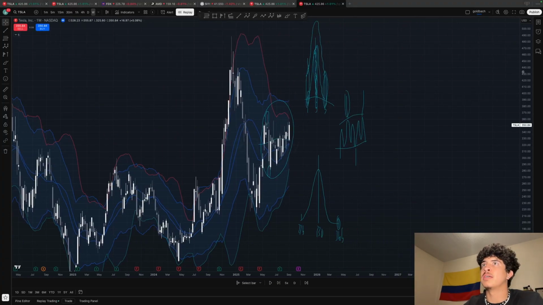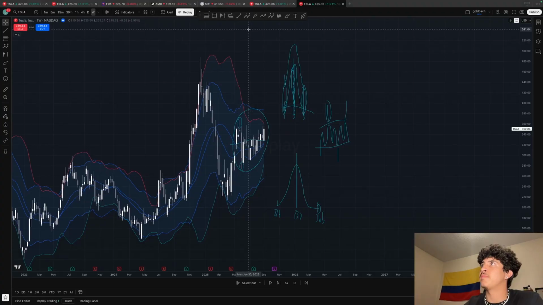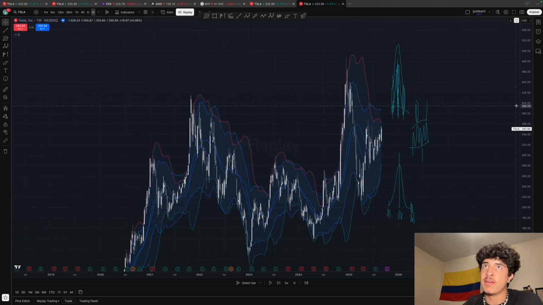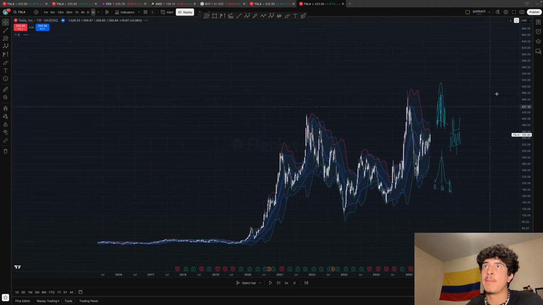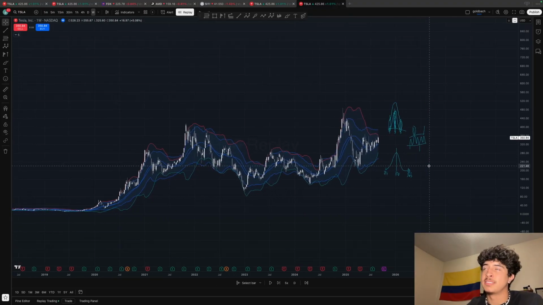So we're going to go to the weekly, and you're going to see that these Bollinger Bands and Keltner channels are getting very, very tight and close to each other, okay? Now, what is this telling you? It's telling you that price is basically getting close to breaking out in the simplest of terms.